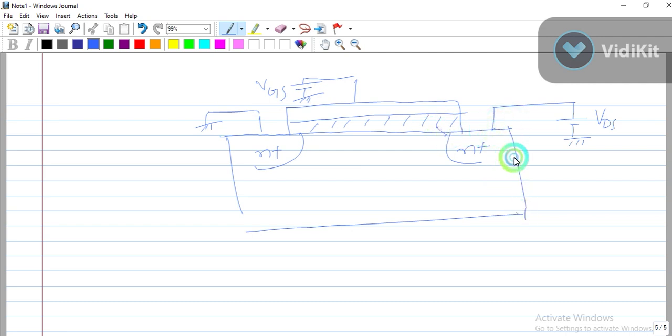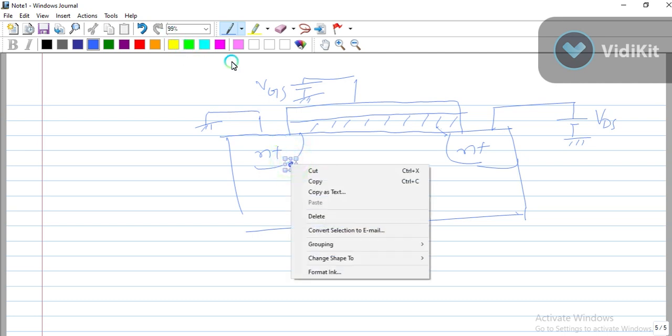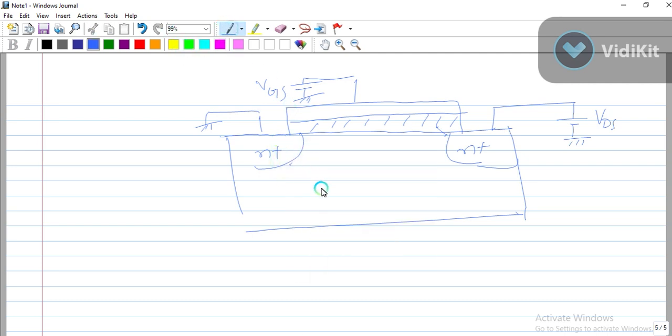So we saw the concentration of electrons will reduce. We can say the concentration is maximum here and it will reduce like this. There the electrons are more as compared to here.